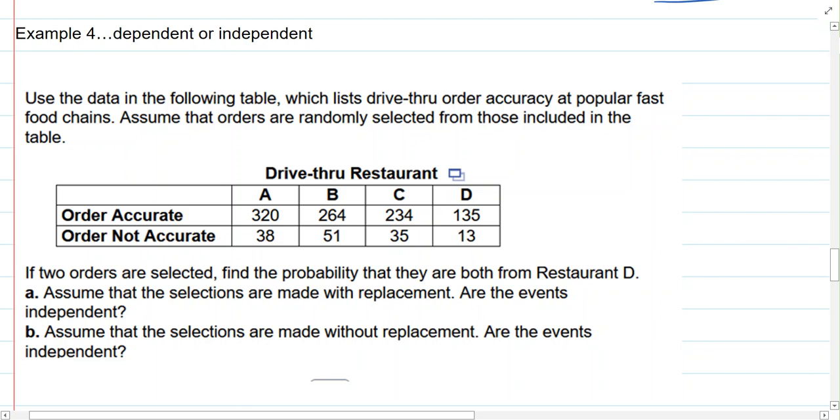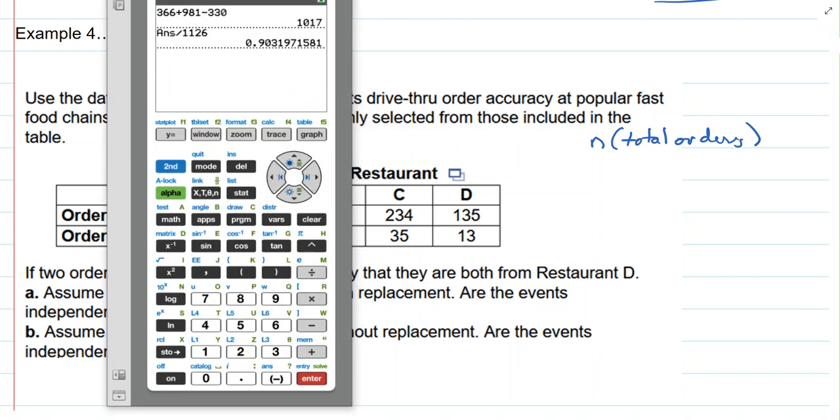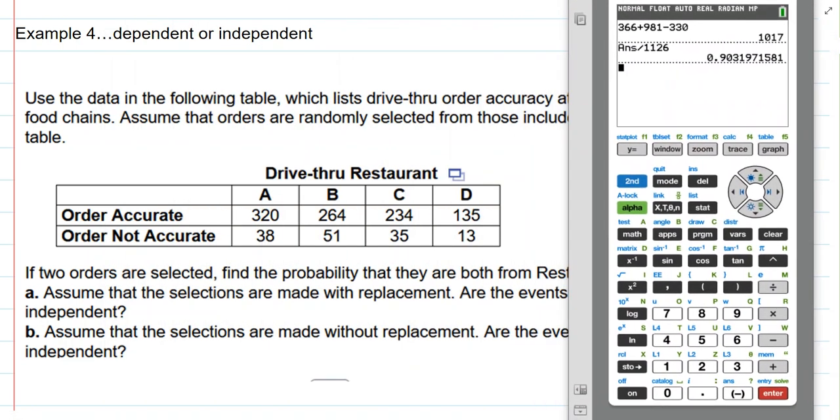So what's our first step? Well, we find the total orders. So that means we're going to add, and I'm going to add, again, horizontally. Oh, added to 2, 6, 4, added to 3.